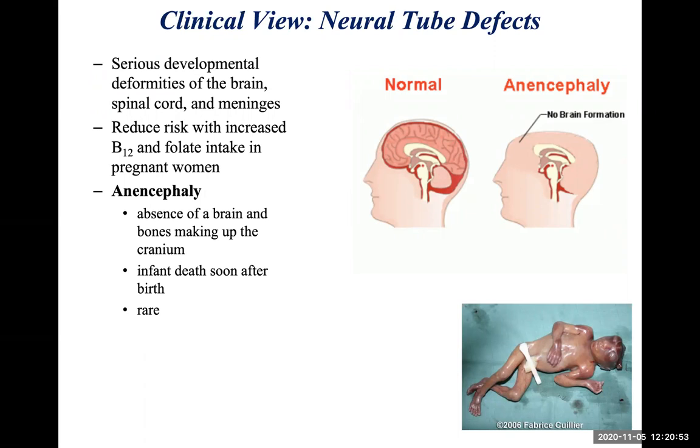And then for neural tube defects, these defects occur as the neural tube is forming, so early on in the pregnancy. There are many, many different things that can cause neural tube defects, and many of those have nothing to do with exposure of the pregnant woman to, or lack of exposure to, certain vitamins or exposure to teratogens.